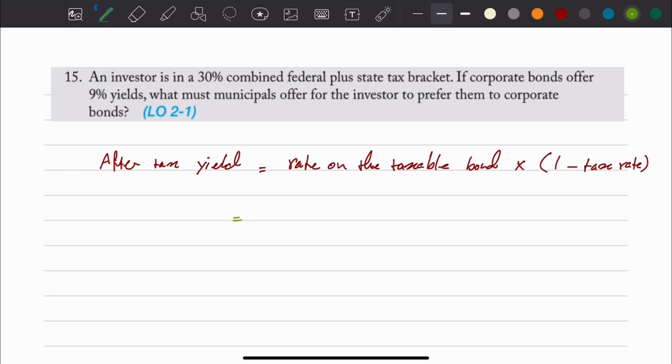The rate on the taxable bond is already given to us in the question to be 9%, multiplied by 1 minus the tax rate, which is the 30% combined tax rate.